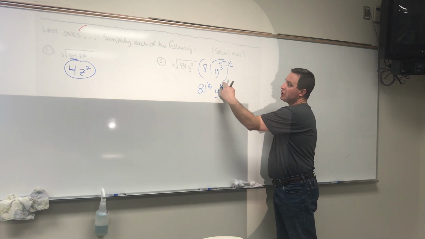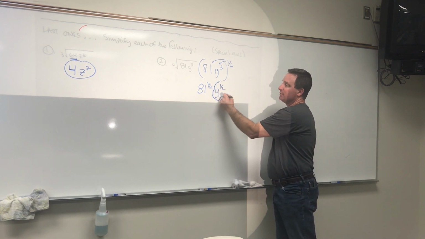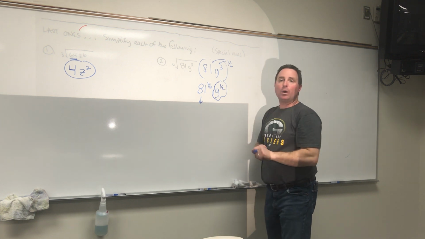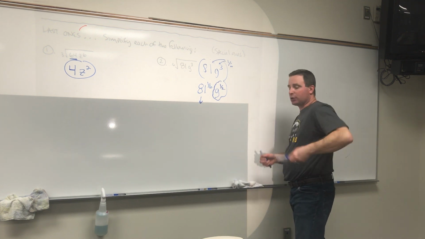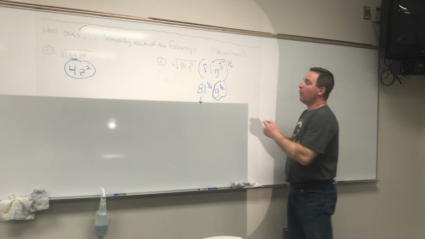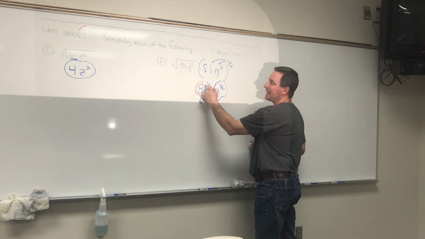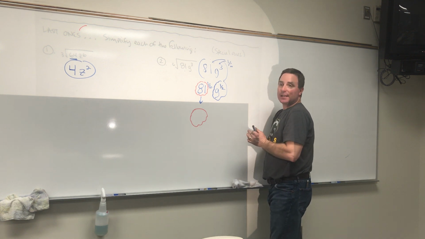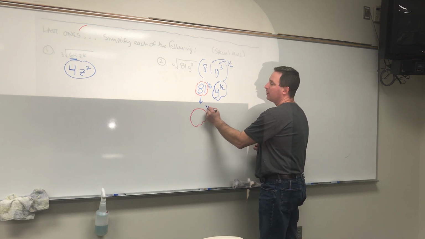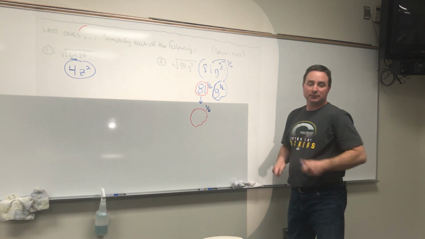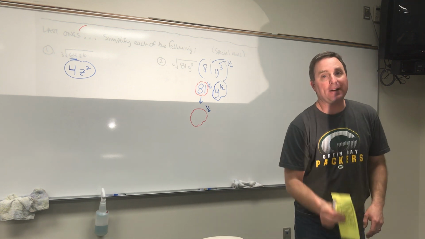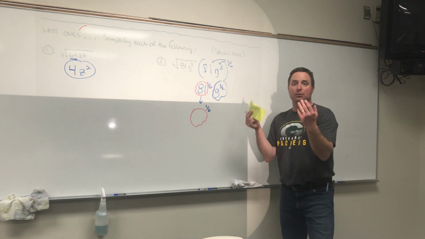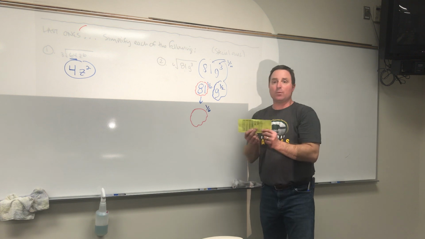The g, I can't do anything more with this. But 81 to the 1/6, and here's the whole key to these things. What we need to do is rewrite 81 as something else, in a different form, raised to the 1/6 power. We want to try to find the smallest number that can be raised to a power to give us 81.